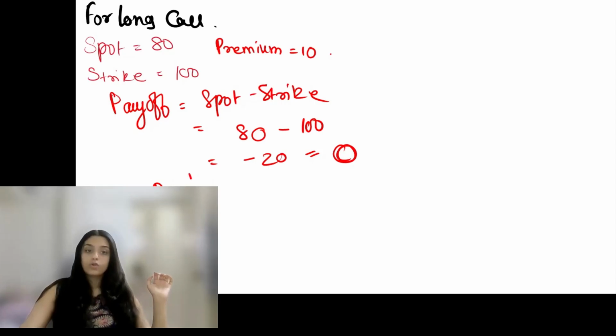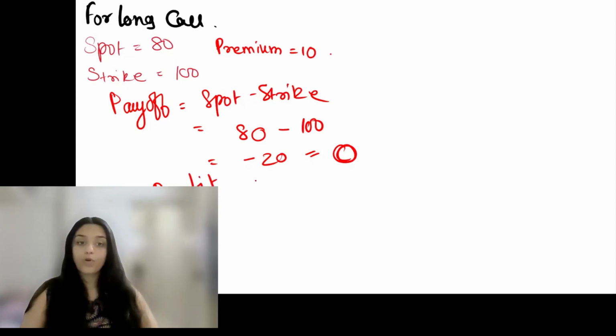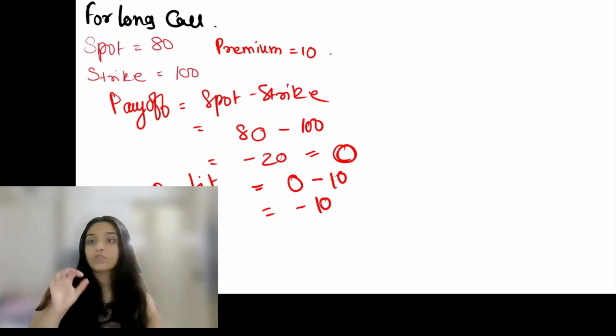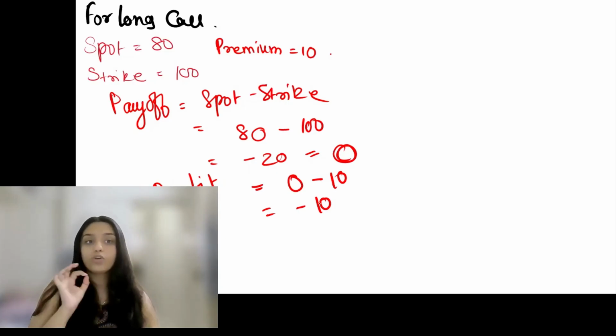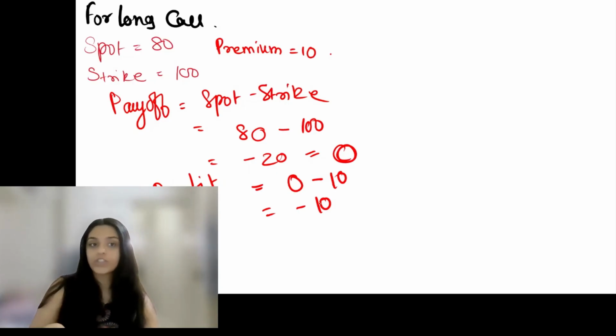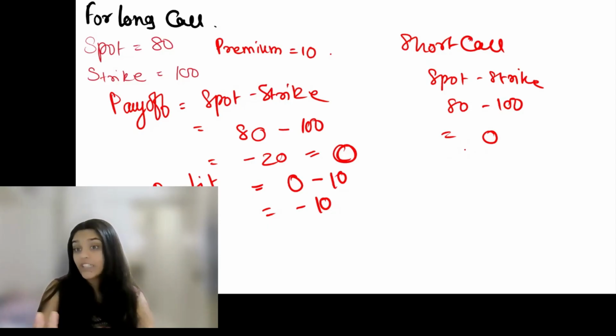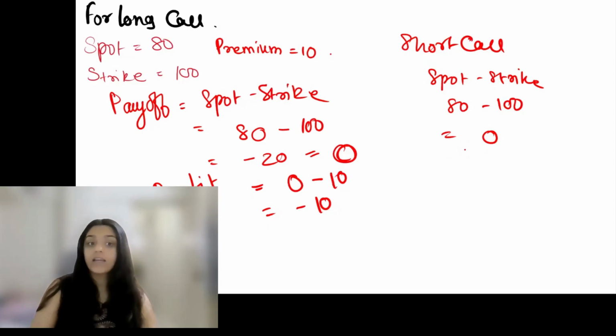So the profit will be 0 minus 10, which is minus 10. So minus 10 is your loss for the long call position. For a similar scenario in the short call position, when we calculate spot minus strike, it will again come down to 0, correct?